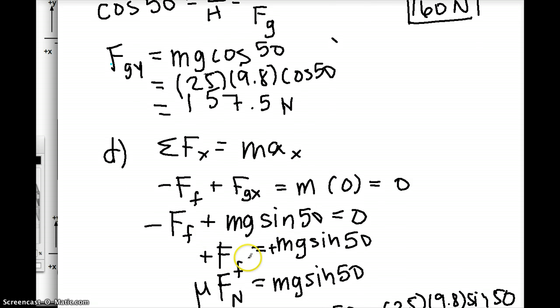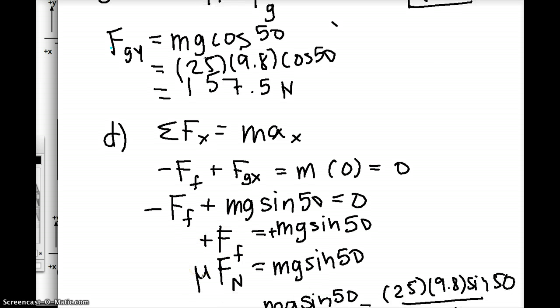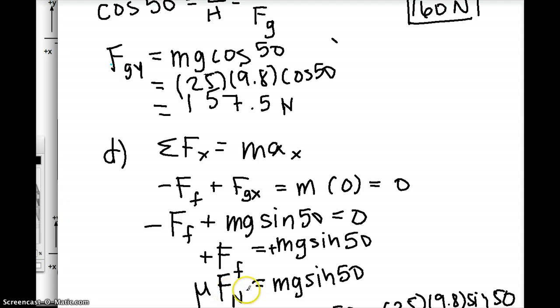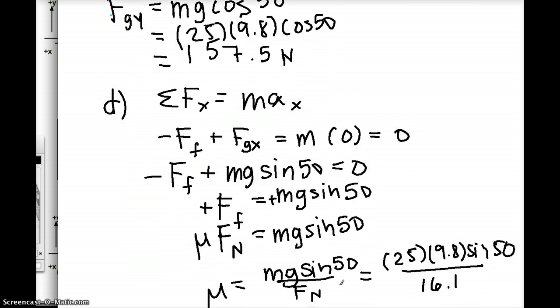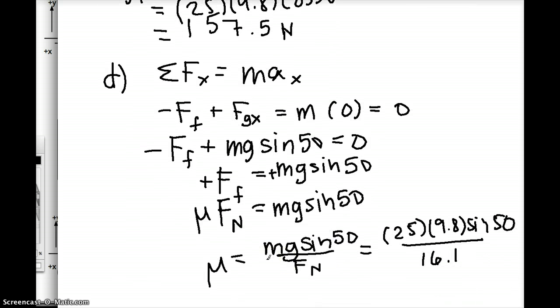If I set them equal to each other, and then I expand the force of friction to mu times the normal force, I found the normal force in the last part, and that's equal to mg cosine 50. I'm leaving it in terms of variables and doing the plugging in at the end, just so that I'm more careful that way. I don't risk multiplying something wrong and then having it show up in my final answer later.